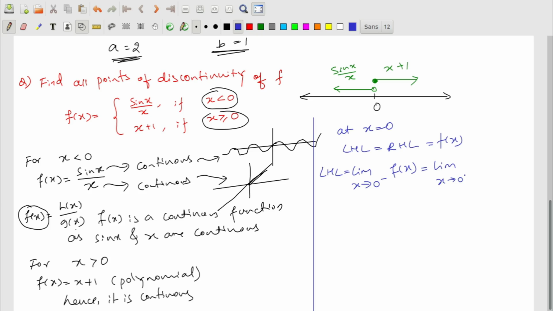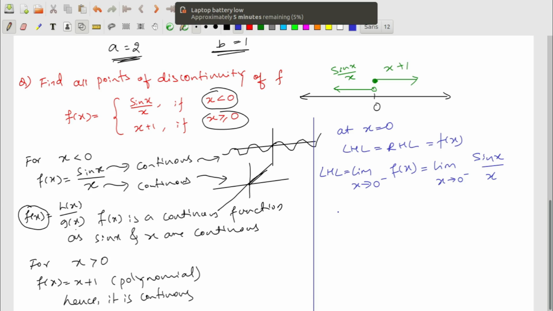So here limit x tends to 0 minus, the function is sin of x divided by x, right? And limit x tends to 0, sin x by x is equal to 0, right? So this is a standard formula that we know.